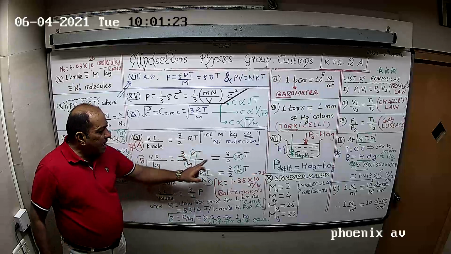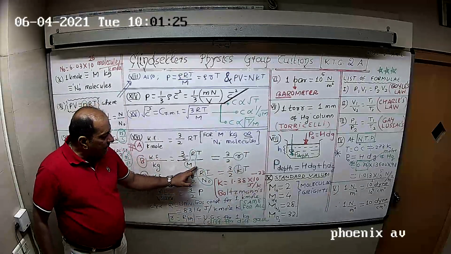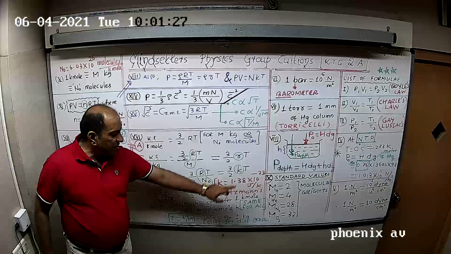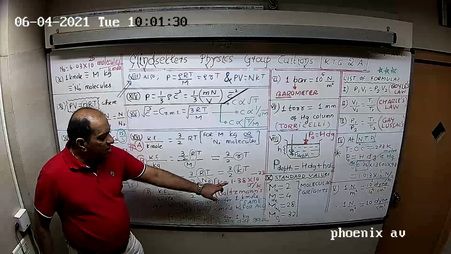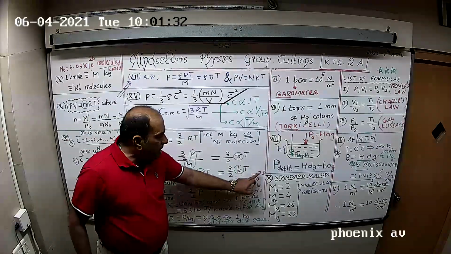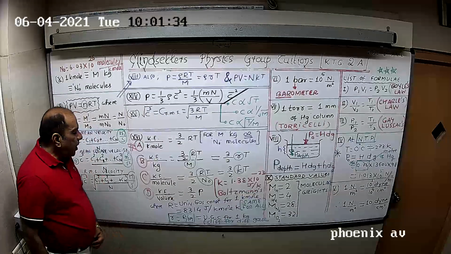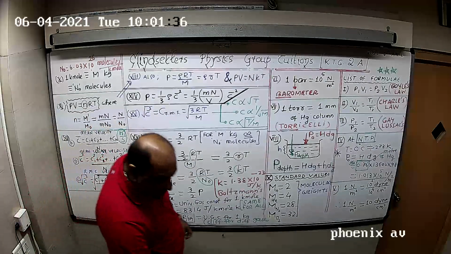Lastly, capital R upon capital M is small r, and capital R upon capital N0 is k, which is called Boltzmann's constant, and its value is 1.38 into 10 to the minus 23 joule per Kelvin.